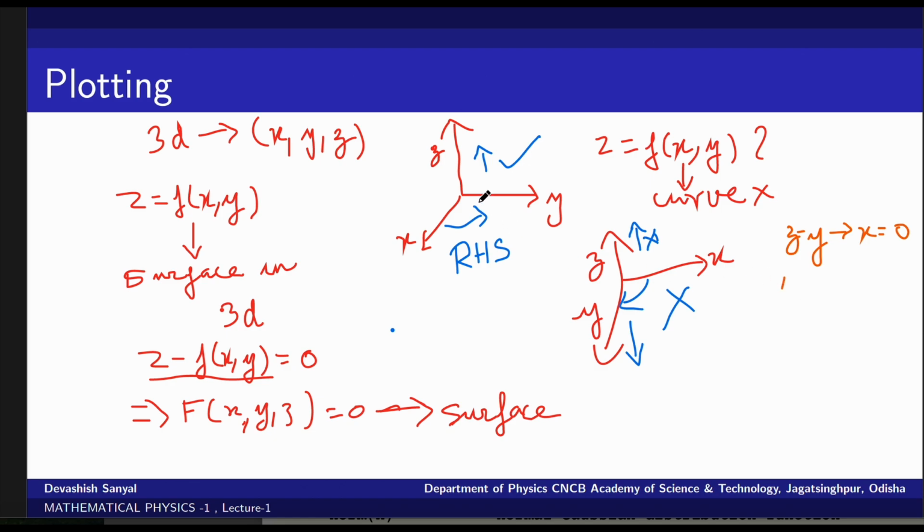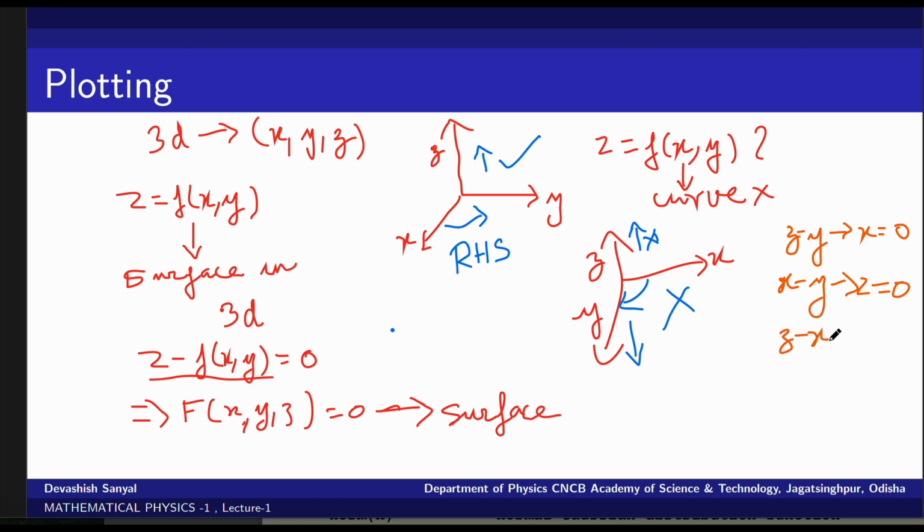This is the zy plane, this is the xy plane. The xy plane corresponds to z is equal to 0. That is, on the xy plane the z coordinate is always 0, on the zy plane the x coordinate is always 0, and then you have the xz plane or zx plane, whichever we want.